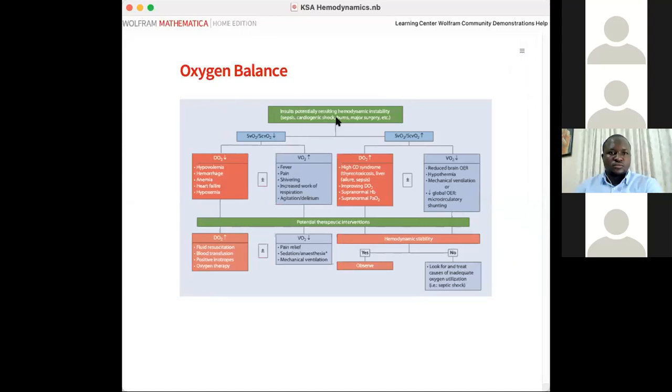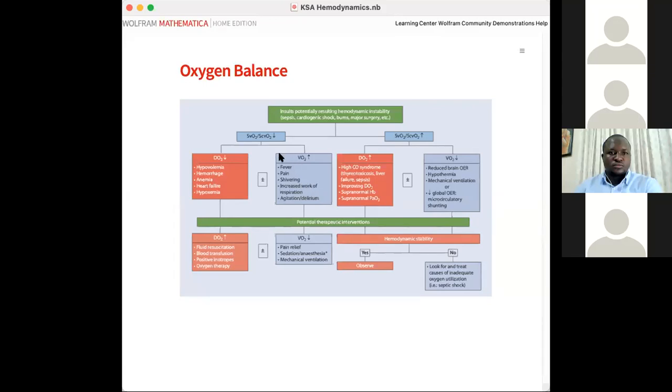Of course, for oxygen balance, central venous saturation can be reduced by hypovolemia, hemorrhage, anemia, heart failure, and hypoxemia. Of course, it may increase when you have high cardiac output states, thyrotoxicosis, or aggressive resuscitation leading to supranormal hemoglobin and supranormal oxygen levels.